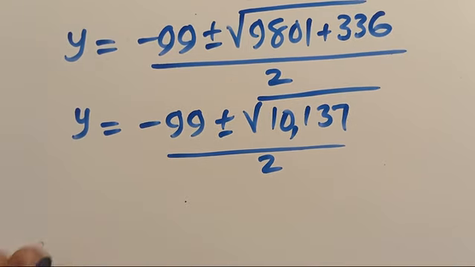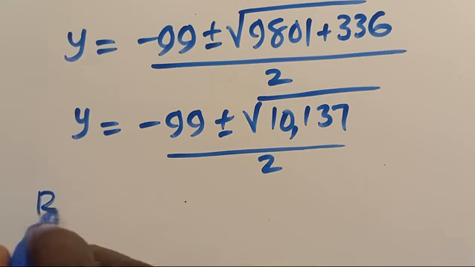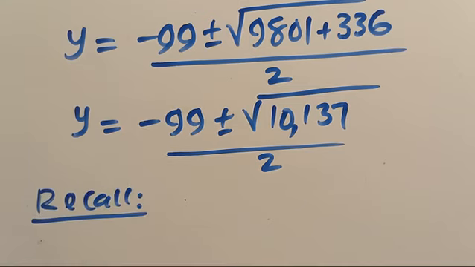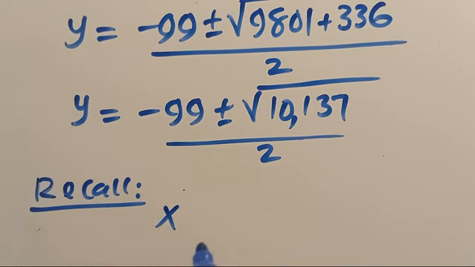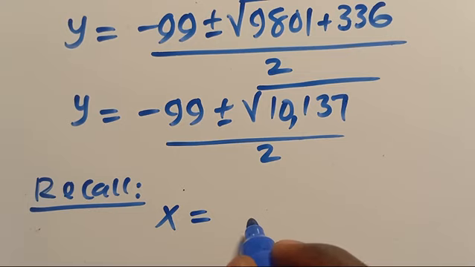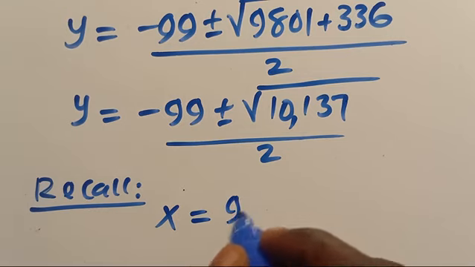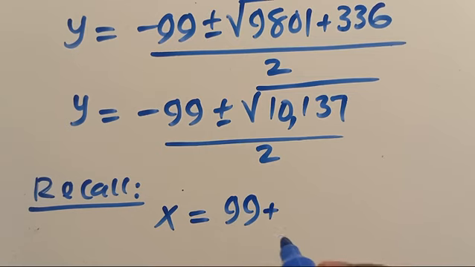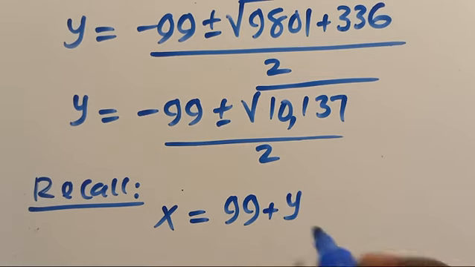Then to get the value of x, let us recall that we have x to be equals 99 plus y.